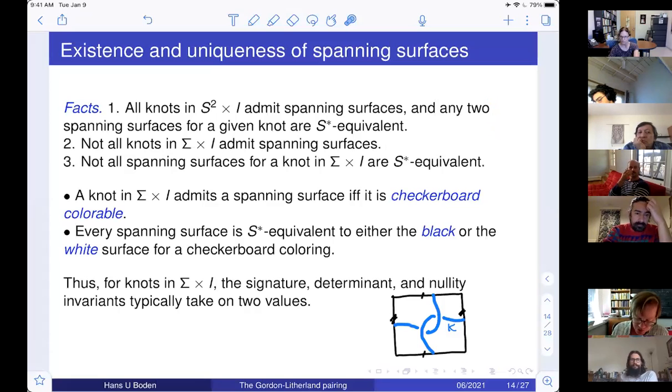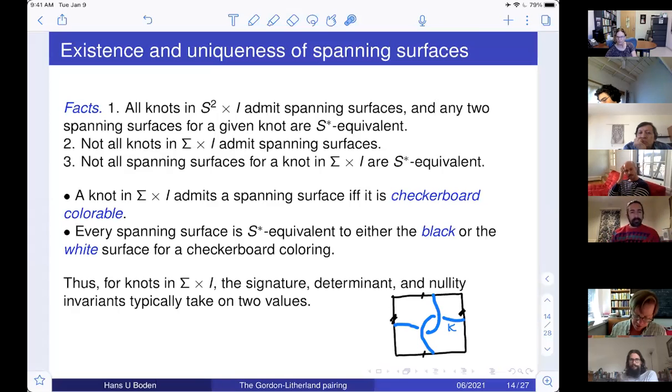But they prove that any two spanning surfaces of a classical knot, or a knot in S2, are S-star equivalent. So for knots in a thickened copy of S2, there's only one S-star equivalence class. And that's not true for knots in higher genus surfaces.